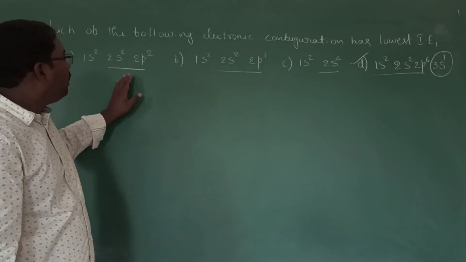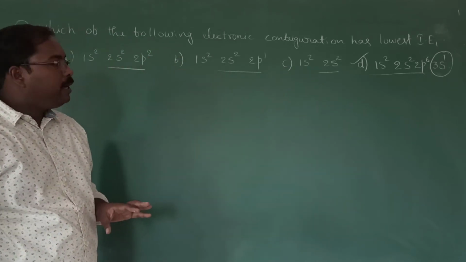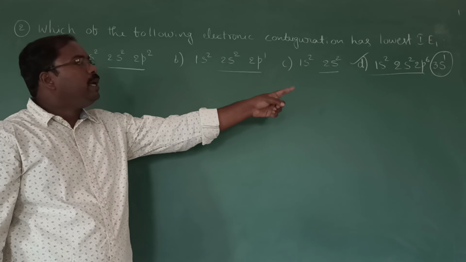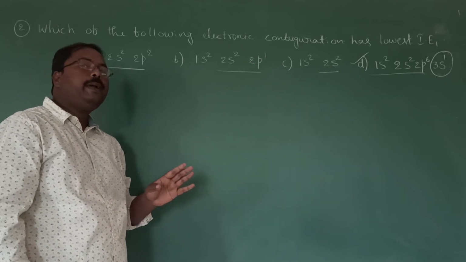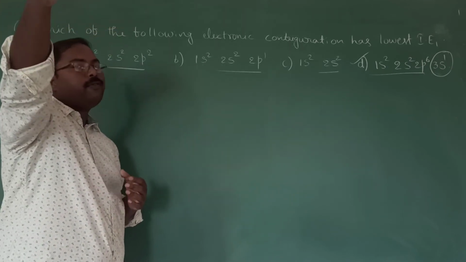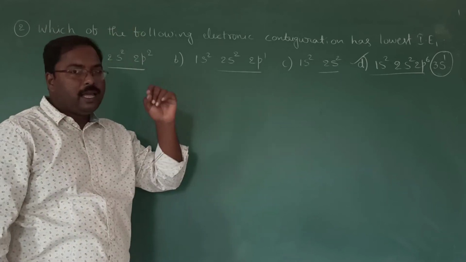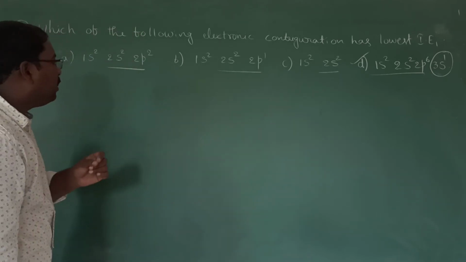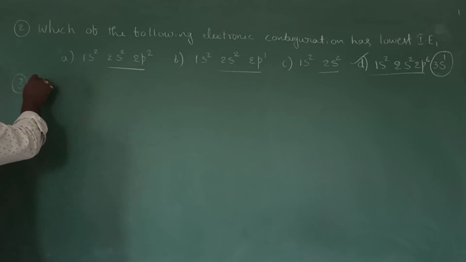In all the remaining cases, the electron is removed from the second orbit, but in option 4, we are removing it from the third orbit. So when compared to the second orbit, the third orbit is far away from the nucleus. So it requires less energy to remove the electron. Okay? Similar to that, answer another question.